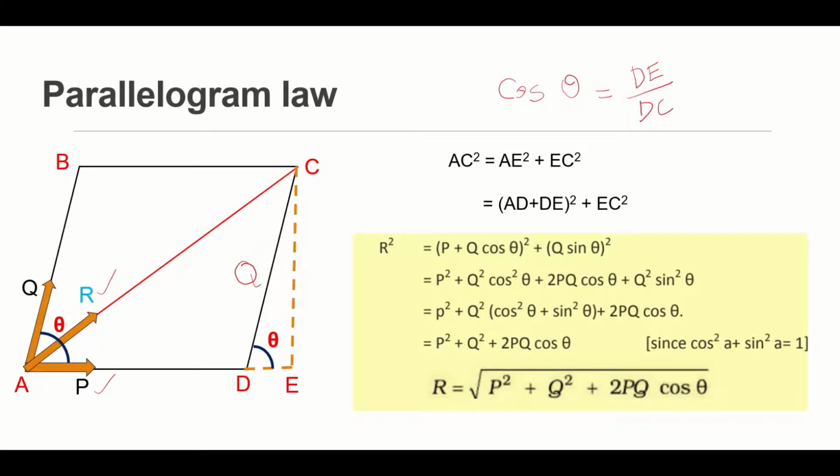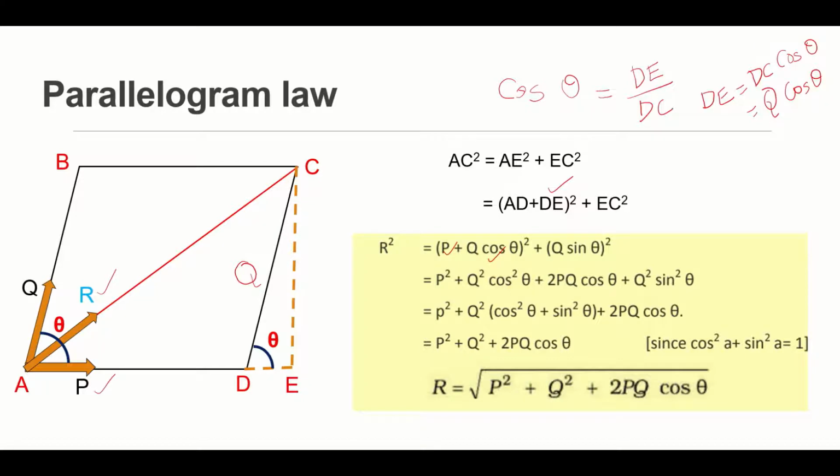So DE is equal to DC cos theta, and DC is equal to Q. That means DE becomes Q cos theta. So AD plus DE can be written as P plus Q cos theta, the whole square, plus EC square.